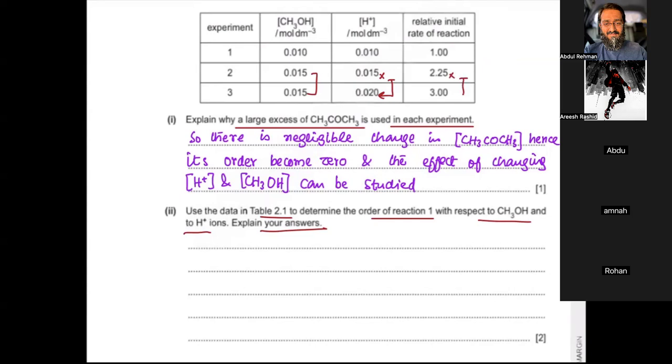So we have to identify the factor by which the rate is increased and by which the concentration of hydrogen is increased. So for hydrogen ions, use experiment 1, sorry, experiment 2 and experiment 3.